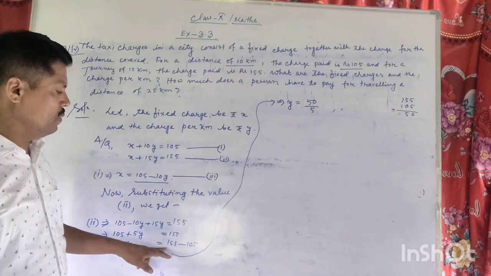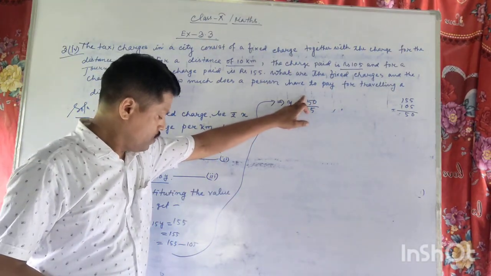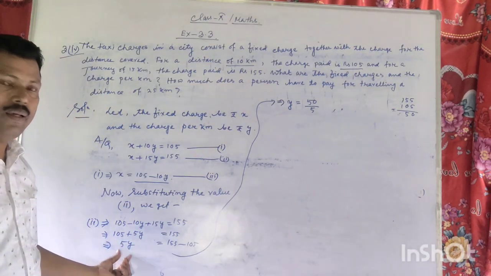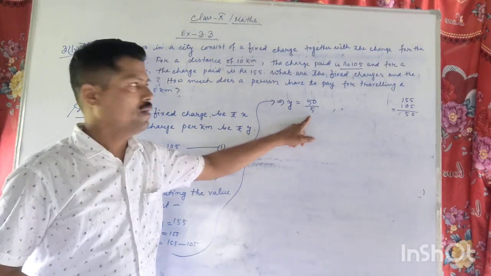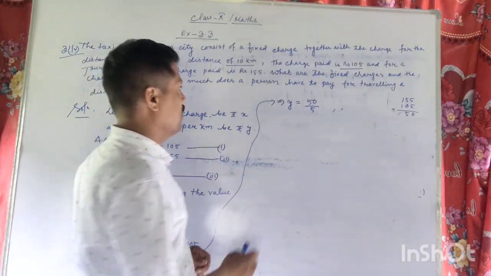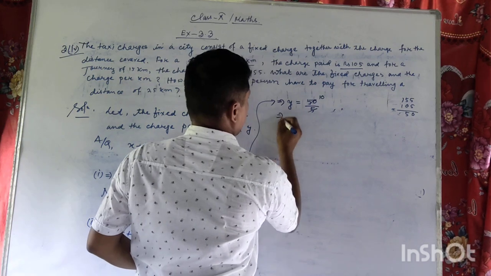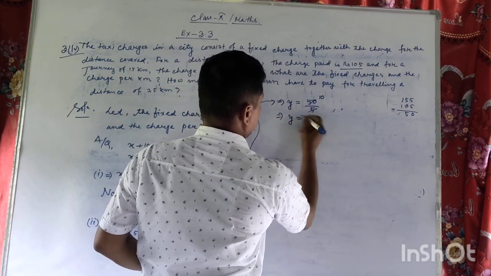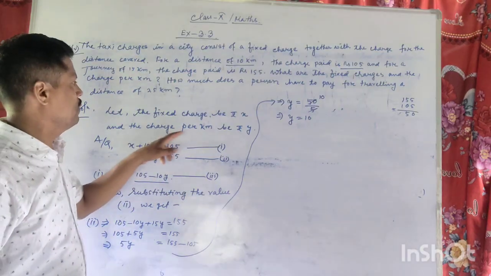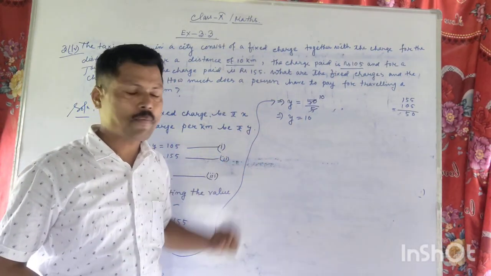So 155 minus 105 means we have 50, and 5 is multiplied by y, so it will be divided on the right hand side. So 50 by 5, what will we get? 5 in 50 goes 10 times, that means y is equal to 10. So y, the per kilometer surge, is rupees 10, we found out here.